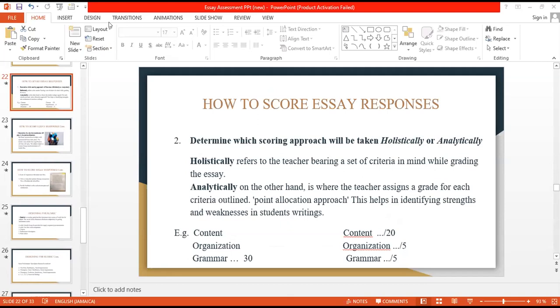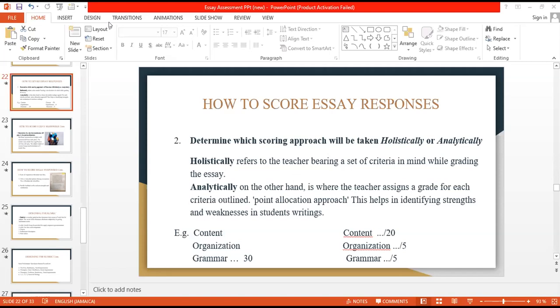A holistic rubric basically is where the teacher has a particular set of criteria in mind, but they're not necessarily grading the essay based on different aspects. They read through the essay and they grade it based off the impression that it leaves on them.